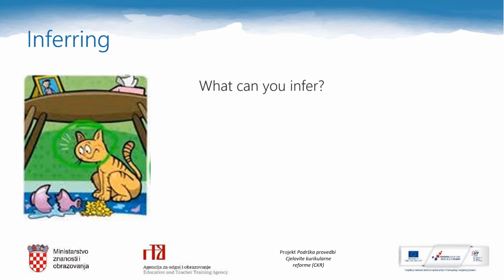So there is a cat, there is a desk, there is a broken vase, and some water. Now we can't be sure what really happened, but we can infer. So what do you infer? All right, this is what I inferred. The cat broke the vase.